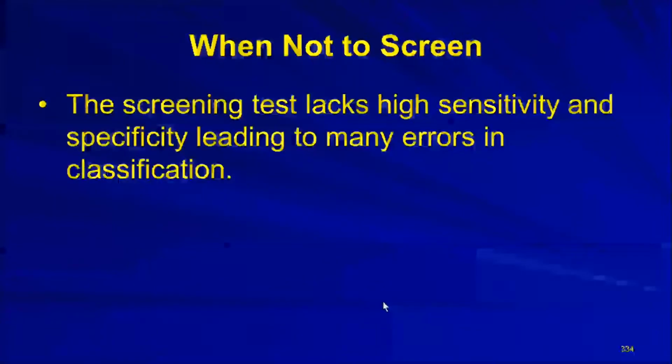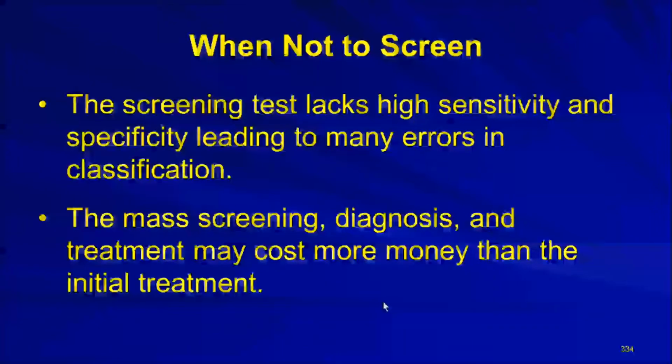Okay, so I'm going to talk to you about these in a minute, about the two terms sensitivity and specificity. And if a test is not very well constructed, it doesn't do a very good job of screening, you don't want to use it. You're going to get too many errors in classification. Another reason, the mass screening, diagnosis, and treatment may cost more money than the initial treatment.